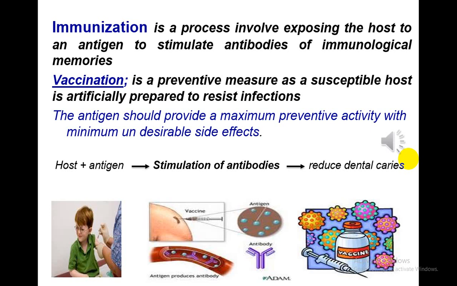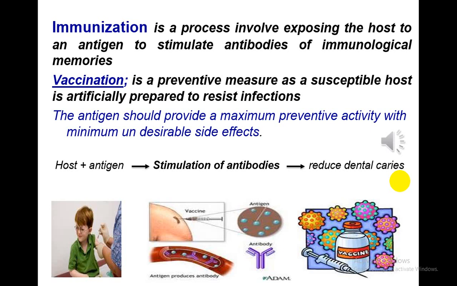Vaccination, therefore, is a preventive measure in which a susceptible host is artificially prepared to resist infection. The antigen used in vaccination should provide maximum preventive activity with minimum undesirable side effects.